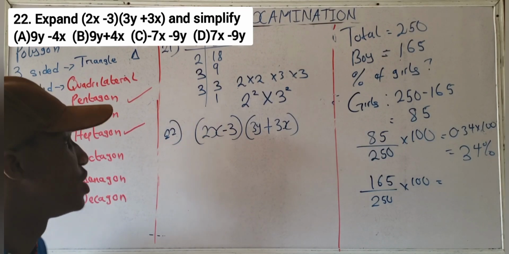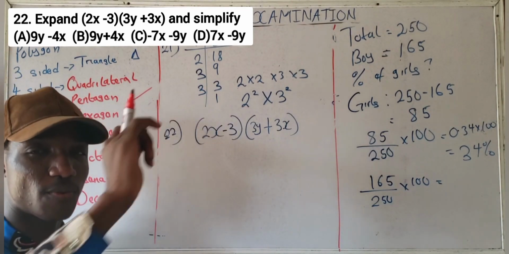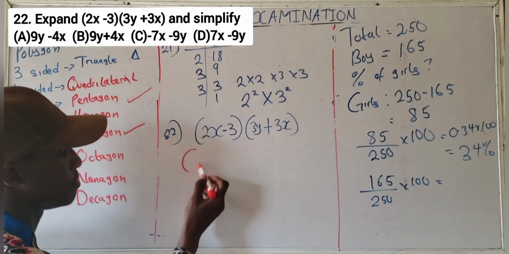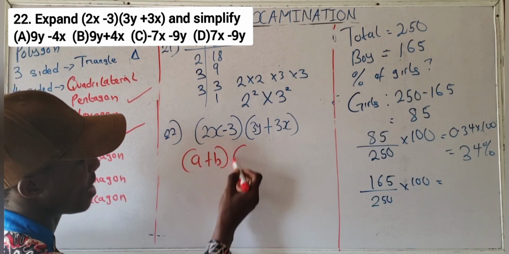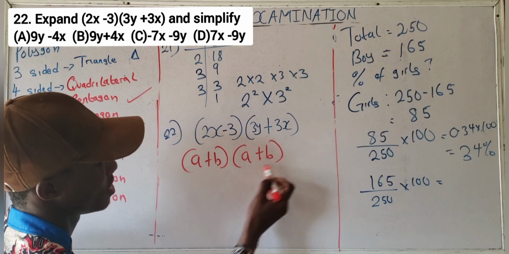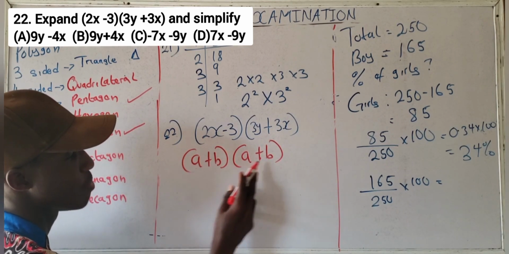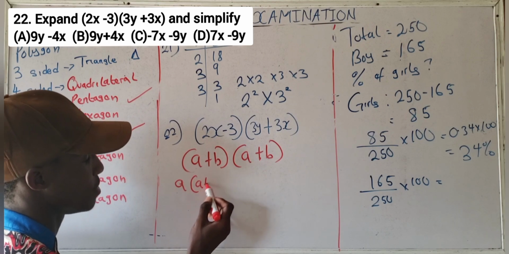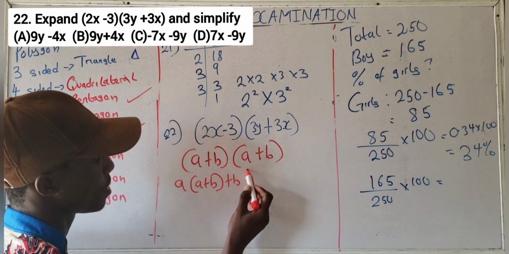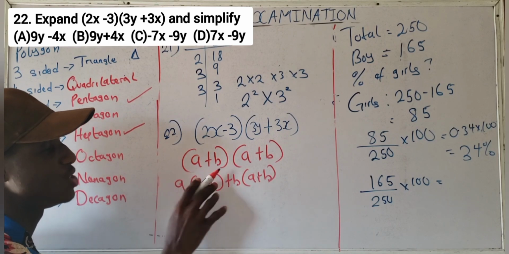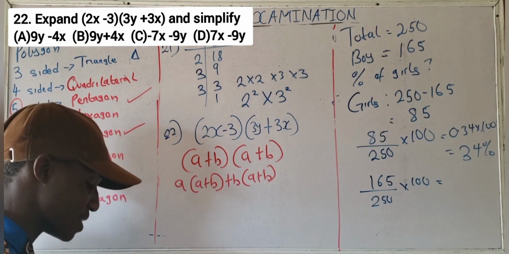Then when you are done, you multiply the second term in the first bracket by all the terms in the second bracket. Just like if you have a plus b multiplied by a plus b, you take the product of a and a plus b first. So we're going to have a into bracket a plus b, then plus b into bracket a plus b.